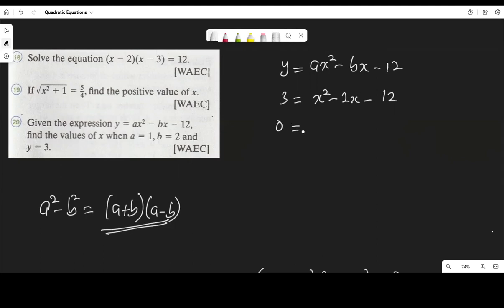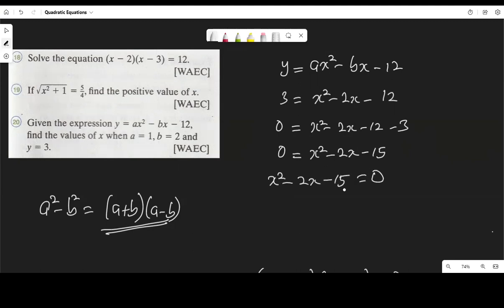So 0 is equal to x squared minus 2x minus 12 minus 3. This is plus 3; when it crosses the equality, it becomes minus 3. 0 therefore is x squared minus 2x minus 12 minus 3, which is minus 15. So I can write this as x squared minus 2x minus 15 is equal to 0.